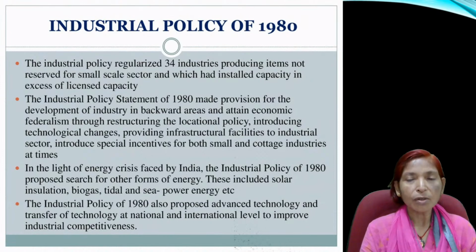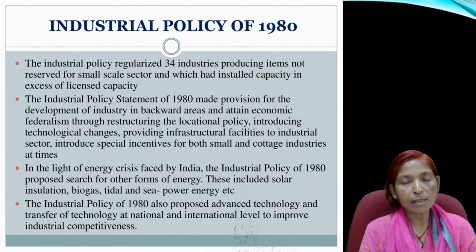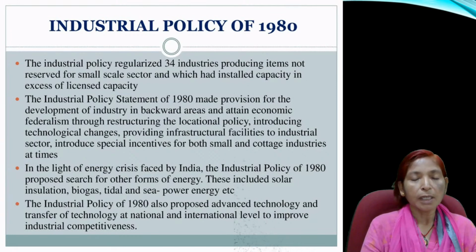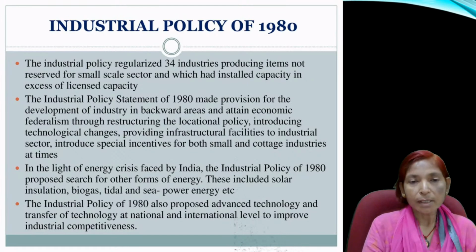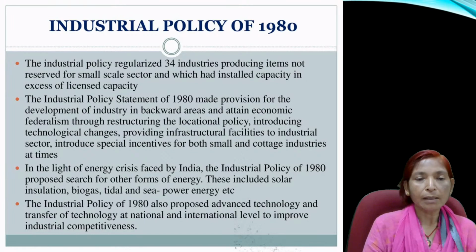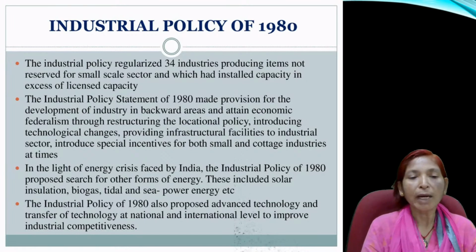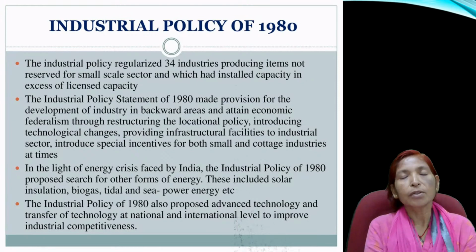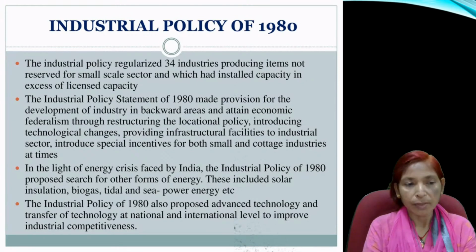It also focuses on small scale and cottage industries to achieve the target of regionally balanced development, and it can be possible if we launch industries in all the sectors of the economy, either developed sectors and underdeveloped sectors or backward regions, and provide more incentives to small scale and cottage industries.